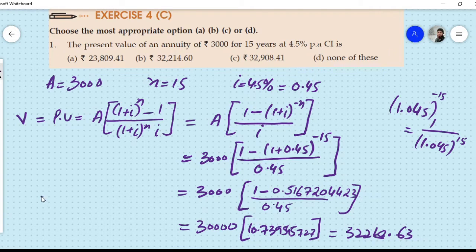That is our final value, 32218.63. That is the present value of that amount.